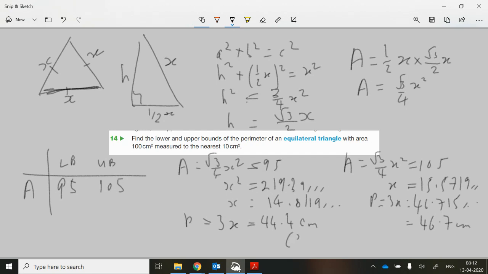We should say accuracy used there as well. Now that's 3 significant figures at the end to answer the question. Find the lower and upper bounds of the perimeter. If we wanted those as accurately as possible, then we'd leave all those decimal places.